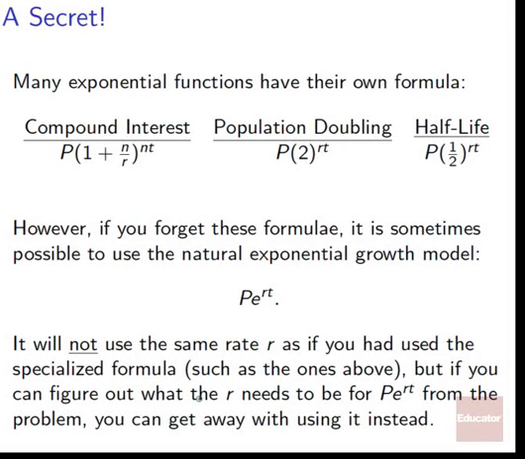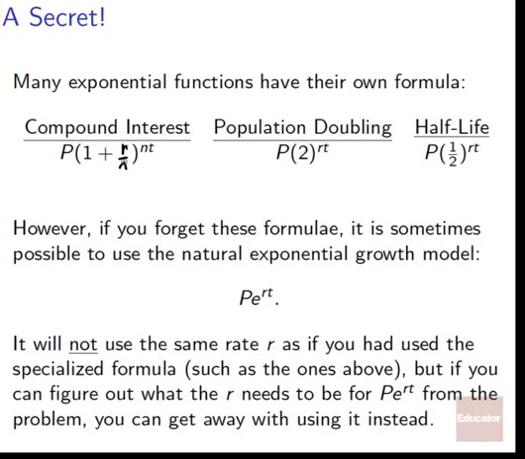Now, I've got a secret for you, so don't let anybody else know about this. Many exponential functions have their own formula. Compound interest is 1 plus the rate divided by the number of times it compounds in a year, all raised to the number of times it compounds times the time. Oh, whoops, this should actually be the other way around. It shouldn't be n over r, it should be r over n.